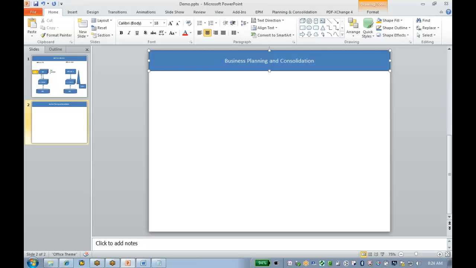Earlier, three or four years back, there was a company called Outlooksoft. SAP acquired Outlooksoft, and Outlooksoft had one product called BPC, Business Planning and Consolidation. So when SAP acquired Outlooksoft, this BPC came into SAP.